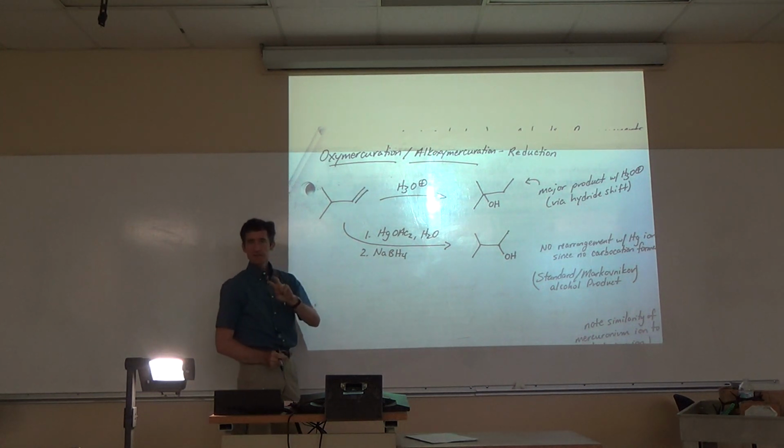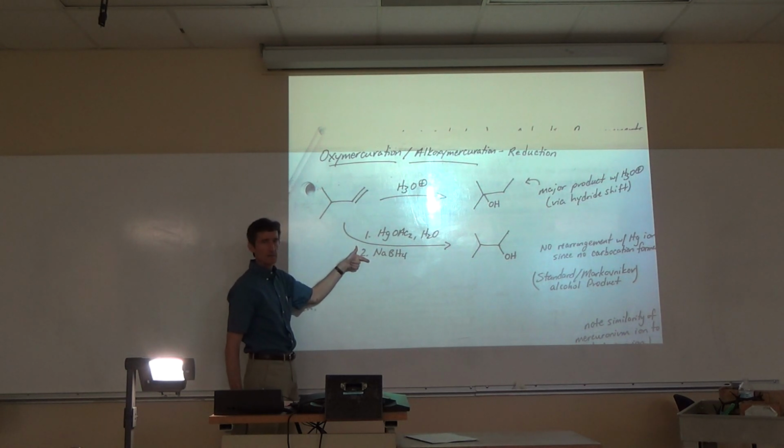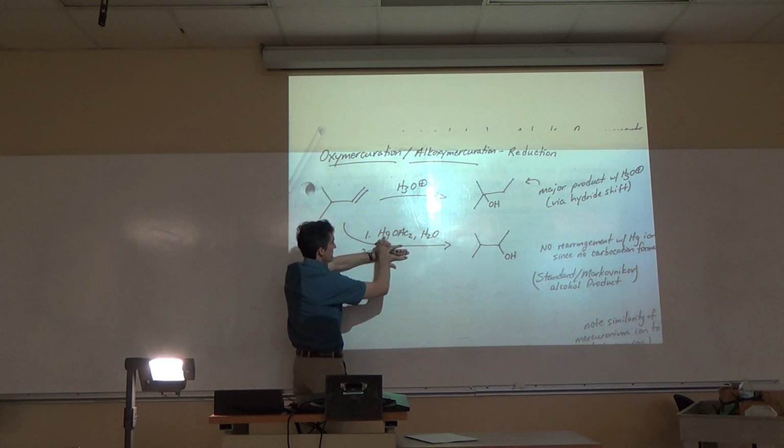It's a two-step process, okay? Remember the 1 and 2? They're not combined. There's going to be something made first. Then we come back and we react that thing with this other reagent. So, first reaction, mercury acetate and water.